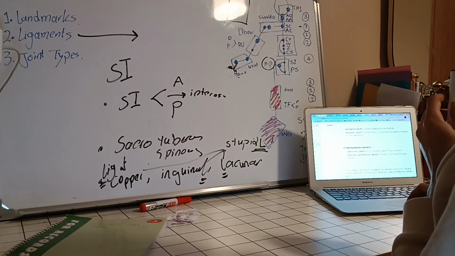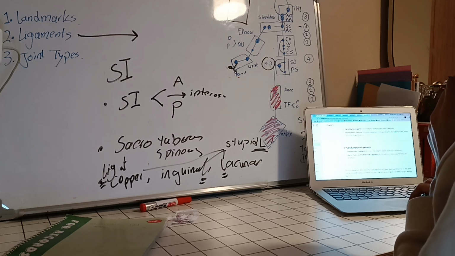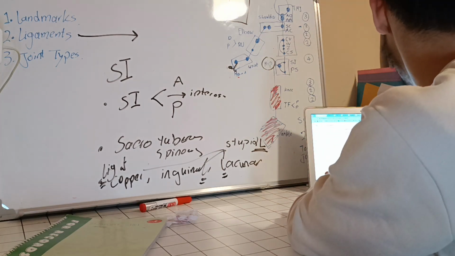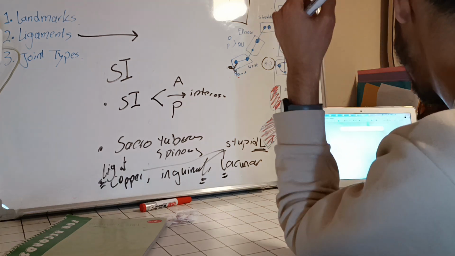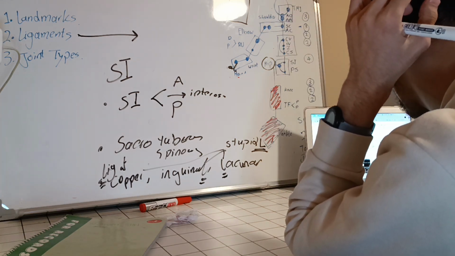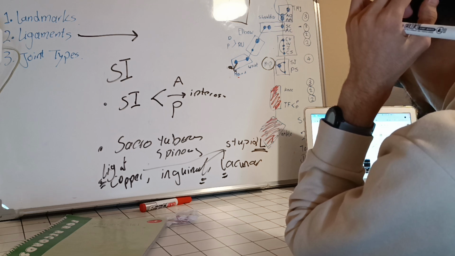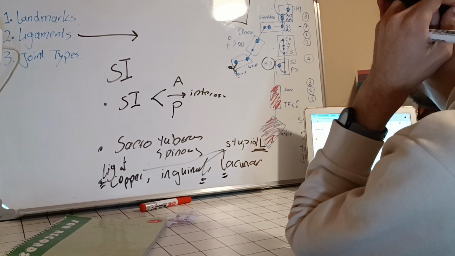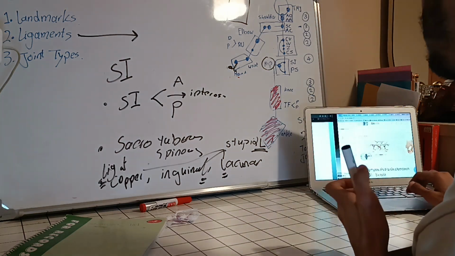The pubic symphysis contains also the superior pubic ligament and the inferior. Superior, inferior, and anterior, posterior.